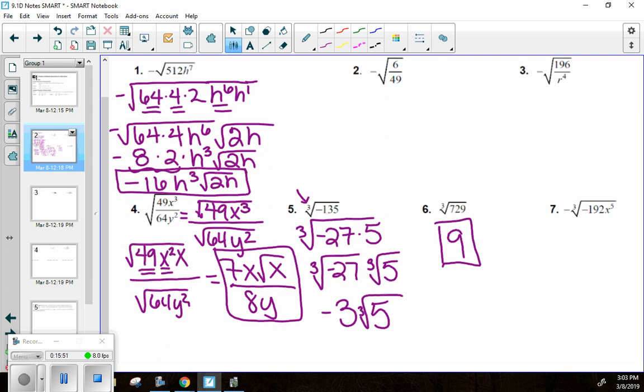Okay? Try number 7. Try that one on your own, maybe. Okay? You've got a negative on the outside, and then you have the cube root of negative 192 x to the 5th. Okay? So we're looking at 192.